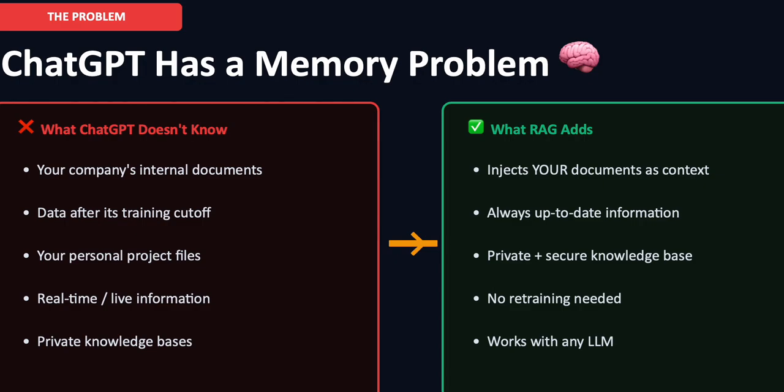They simply don't know any of it. So, what do we do? We could retrain the entire model with our data, but that costs millions of dollars and takes months. Or we could use RAG, and that's exactly what RAG solves.